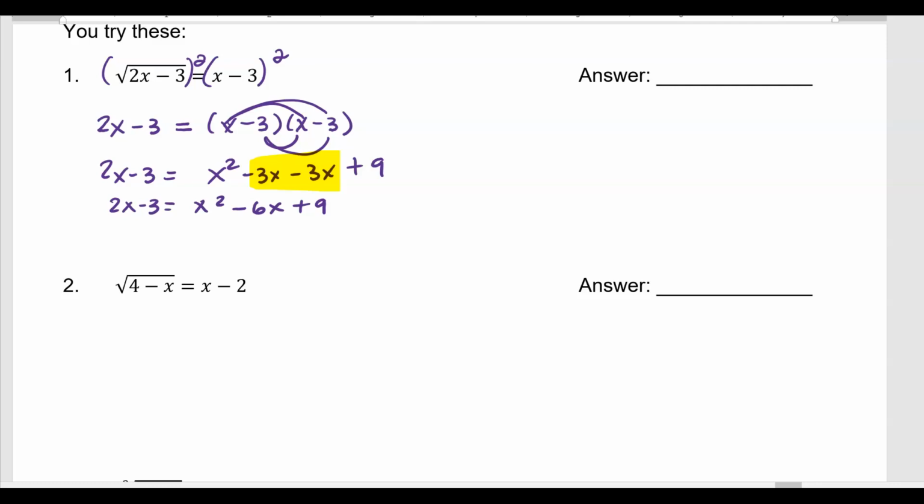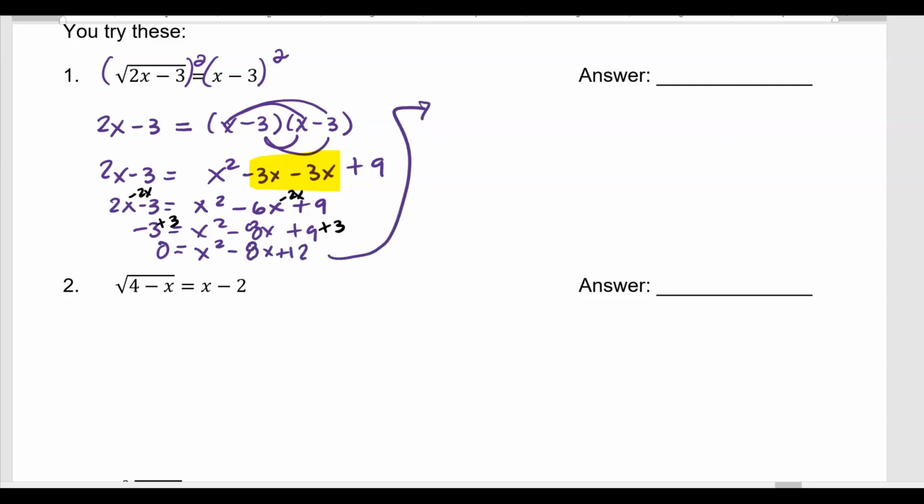I know that because I have this x squared term and I can't get rid of it. So let's subtract 2x from both sides. We'll get negative 3 equals x squared minus 8x plus 9. But we also need to add 3 to both sides. And then we'll get 0 equals x squared minus 8x plus 12.